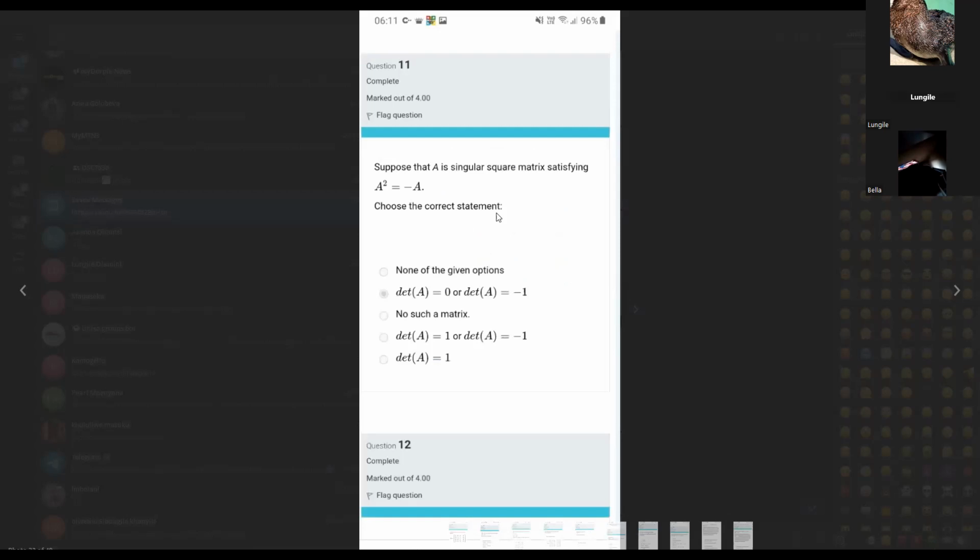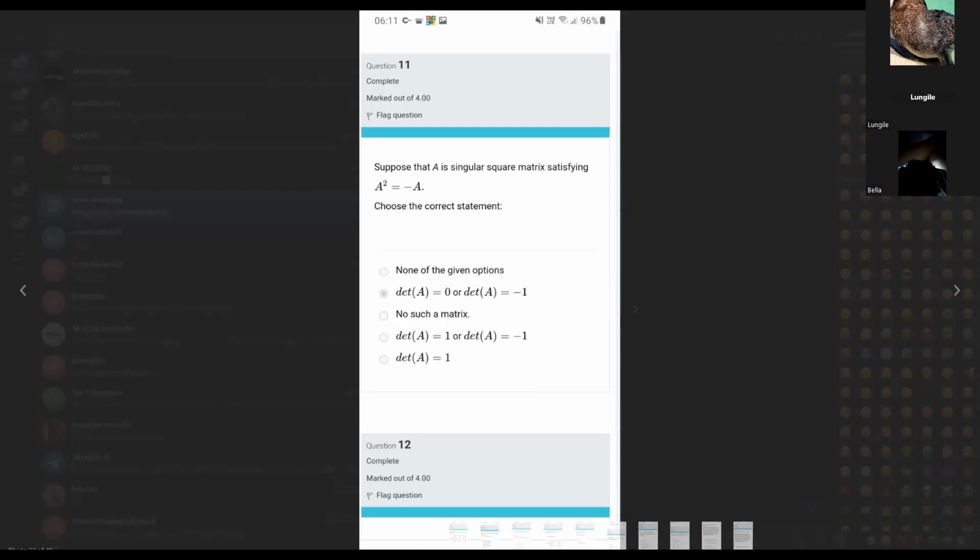Let's look for another one. Oh, this one is a good one. Suppose that A is a singular matrix. This one is the tricky one. Find a determinant. Choose the correct answer. Suppose that A is a singular matrix satisfying this.